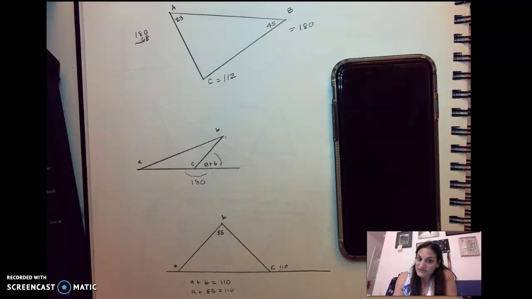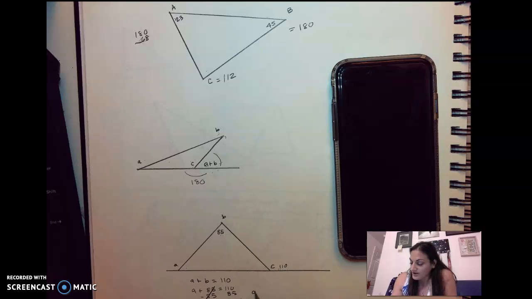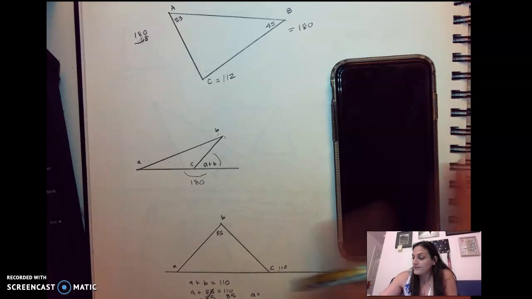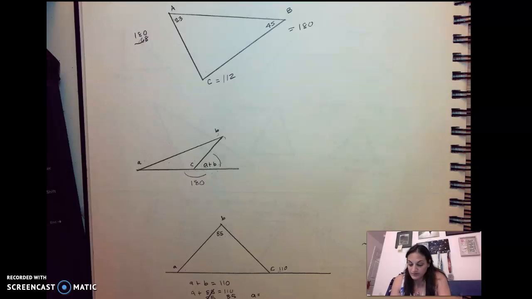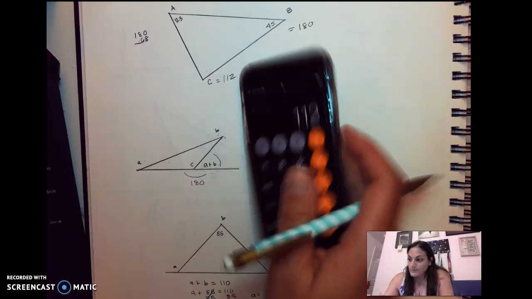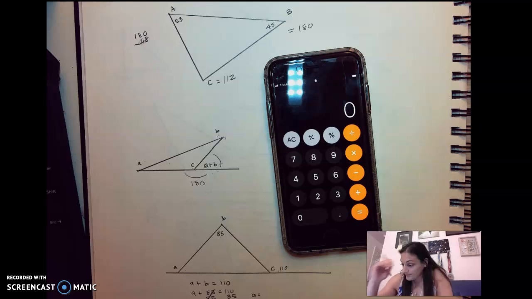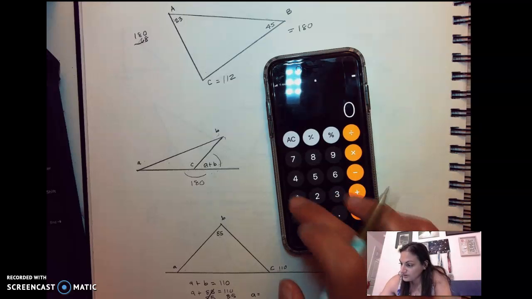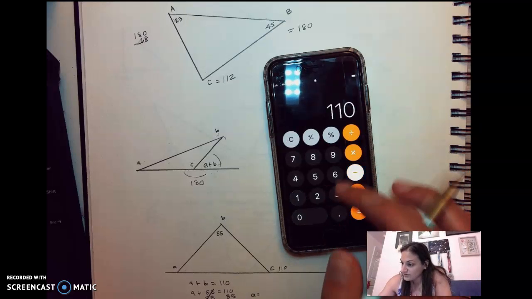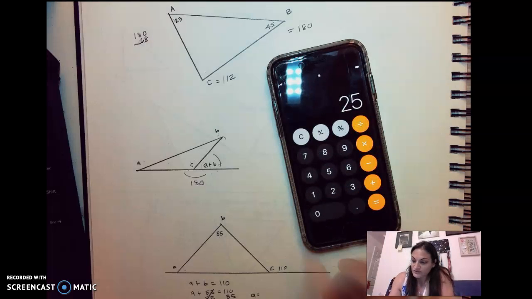Whenever we're looking for a missing piece, we subtract. We subtract 85 from 110, so A equals what? Take our calculator, we plug in 110, subtract 85, and we get 25.